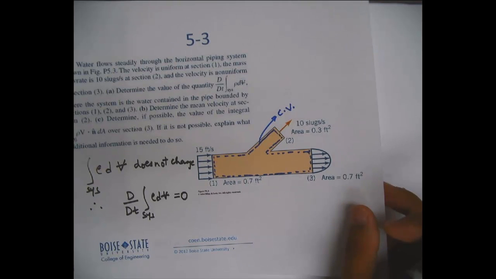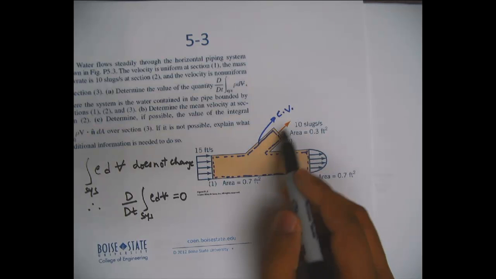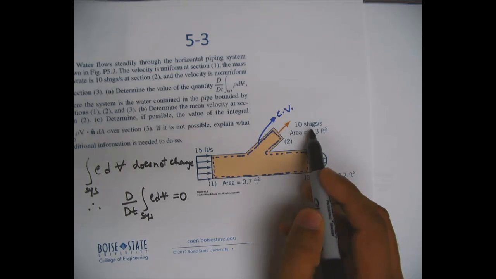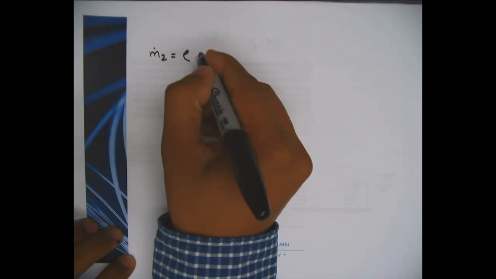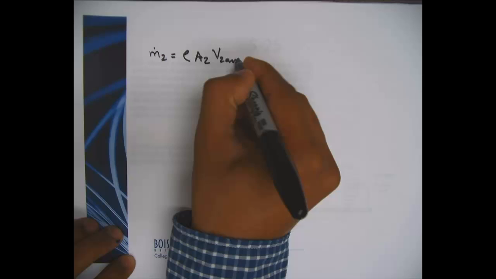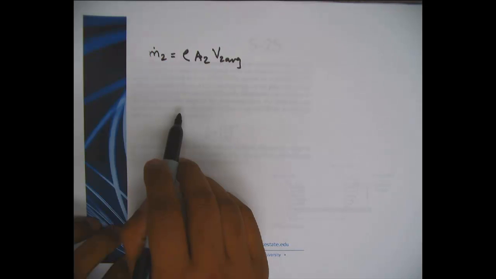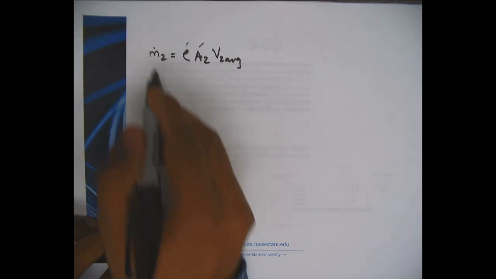So you can find m dot 2, the mass flow rate, which you are given. m dot 2 is nothing but the density of water, times the cross-sectional area at section 2, times some average velocity at section 2.